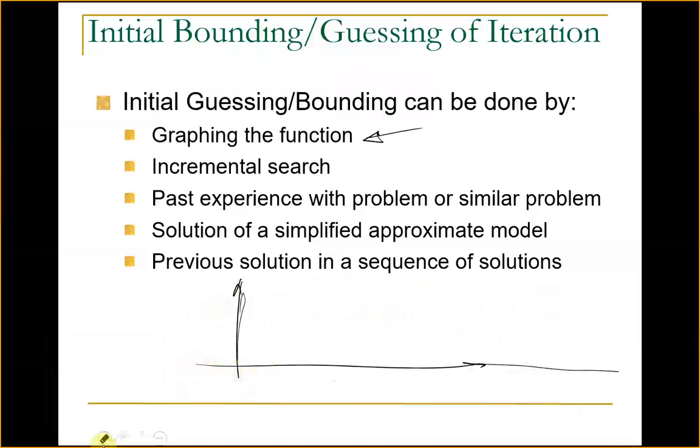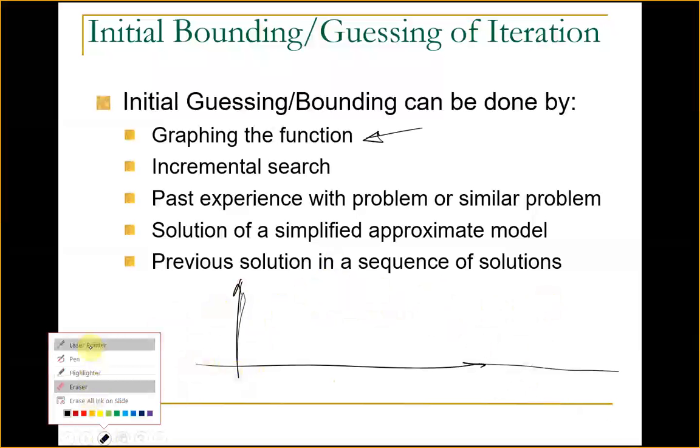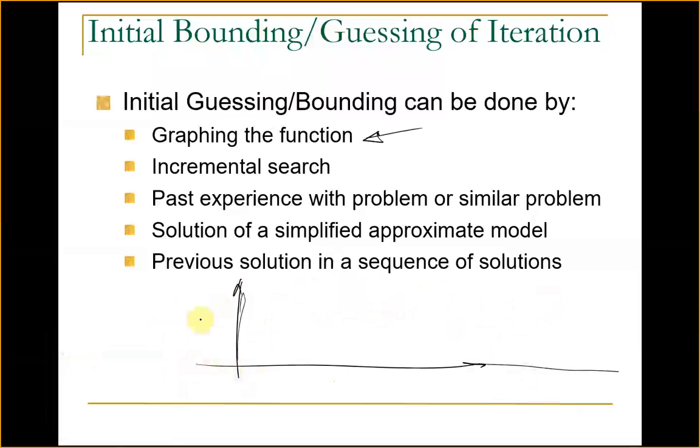Incremental search is an example I just gave. Let us say my variable, I know my answer is greater than 0. It's not bounded. If I'm going to go with the first option, a graph, it says take some points, plot the points, see where it looks like it's close to 0, and then you start doing your iteration using a value close to where it seems it's 0.